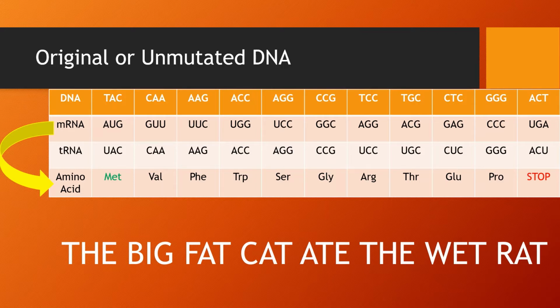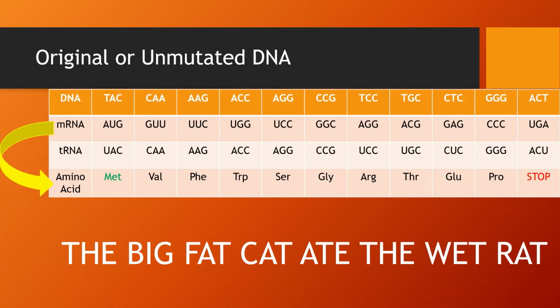I have also shown what the complementary nitrogen bases would be for the mRNA. Looking from DNA to mRNA, thymine would match to adenine, adenine would match to uracil in RNA because there's no thymine in RNA, and then cytosine matches to guanine. So going from TAC to AUG, that's how they would match up.